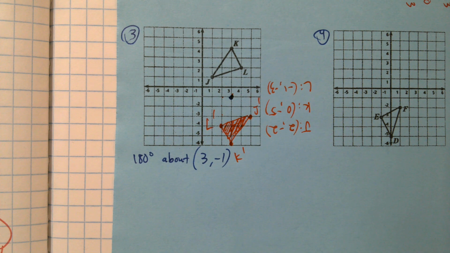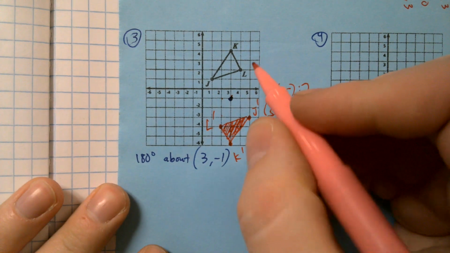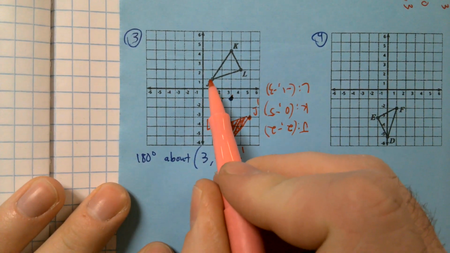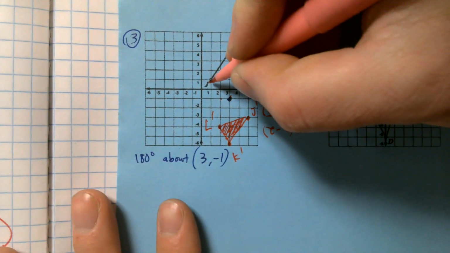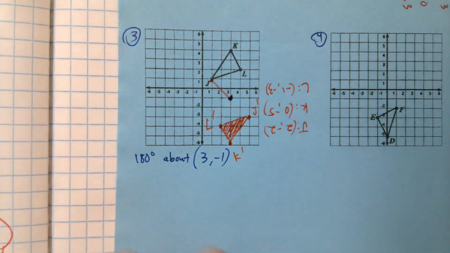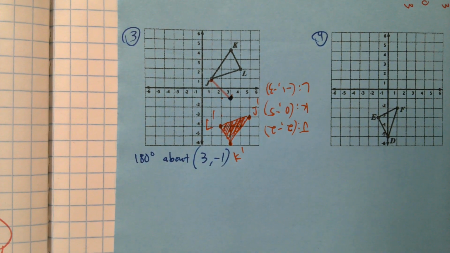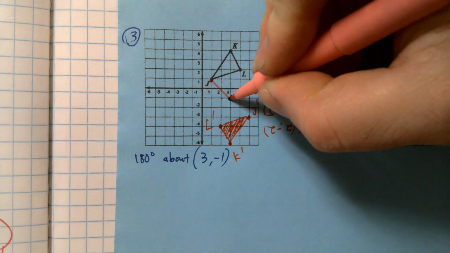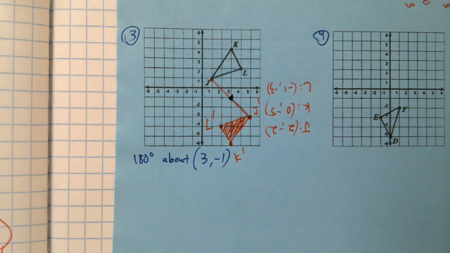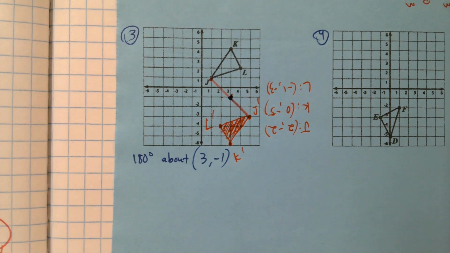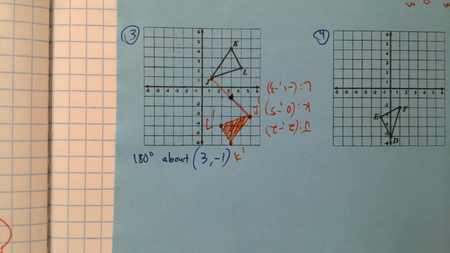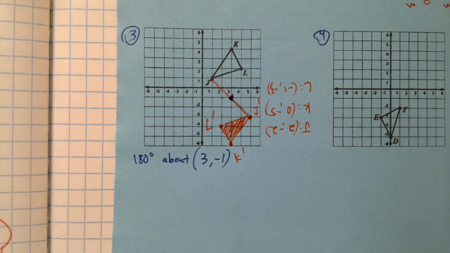You guys want to see something cool? Well, you probably don't think it's cool. I think it's cool. If I go from point J, my pre-image point, to my center of rotation, to my image point corresponding to J, which is J prime, what type of angle did I just construct? A straight angle, which is how many degrees? 180 degrees.